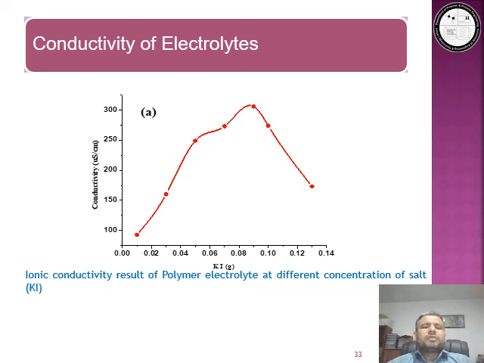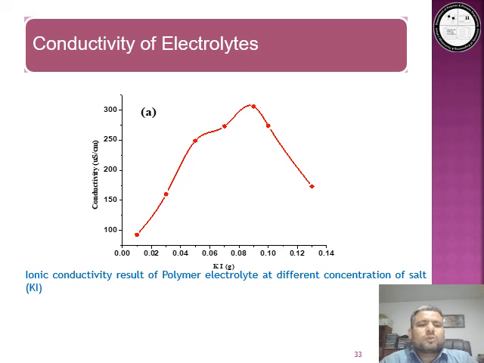Similarly, this is the conductivity curve. As you can see in the figure, the conductivity of polymer gel electrolytes increases with increasing the salt concentration. It shows the highest conductivity value of 300 microsiemens per centimeter at 0.09 gram of salt.